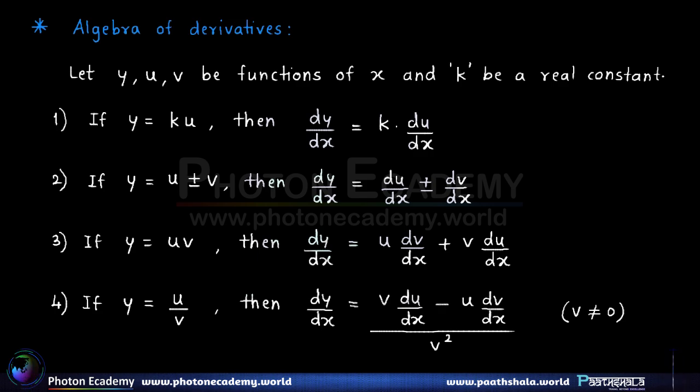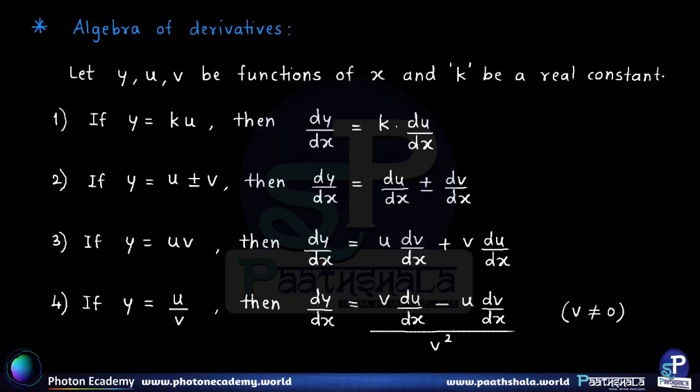This is the division rule. Alright, so these rules we have to use frequently in the process of finding derivatives. Now let us solve a few examples based on the derivatives of standard functions as well as the algebra of derivatives.